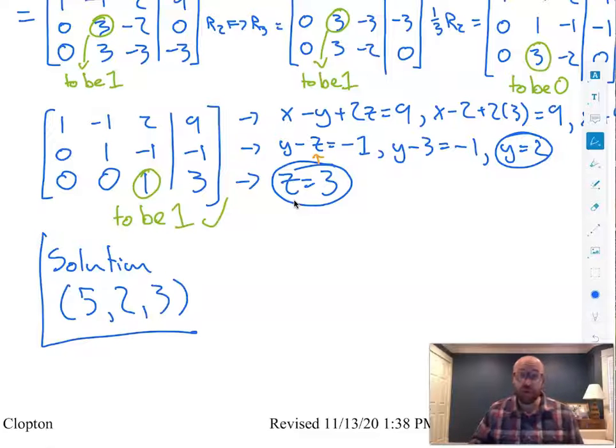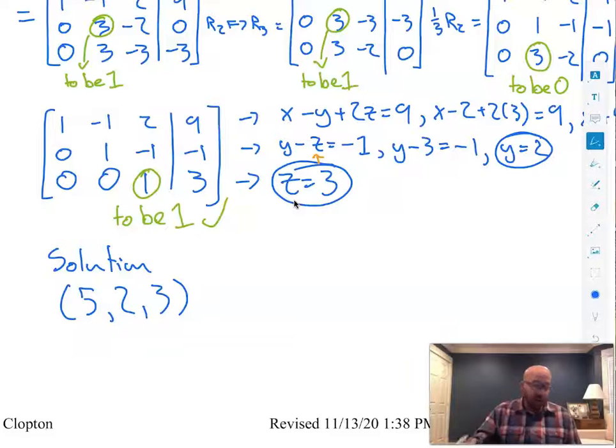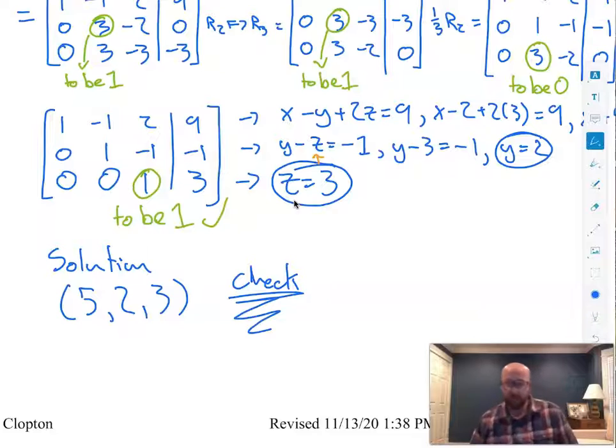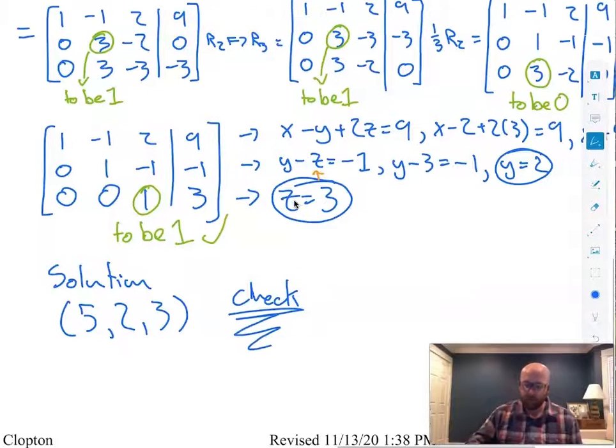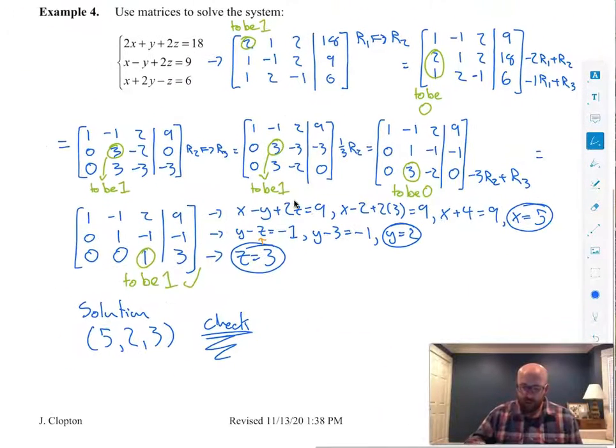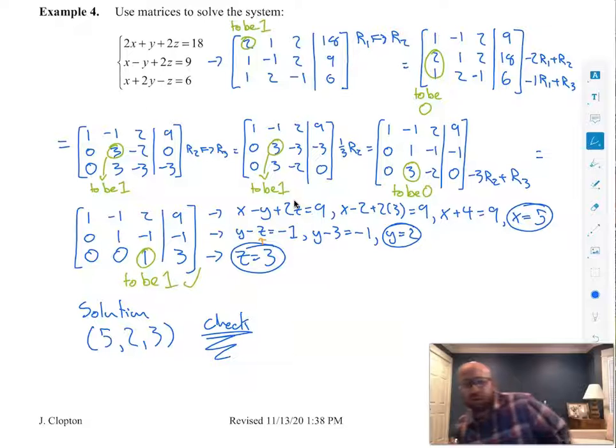Now, it's about to say before you box it in, so let's undo that boxing in. We want to check. Checking is so important in this process. So here we go. We're going to look back up at the original system, and we're just going to plug things in.